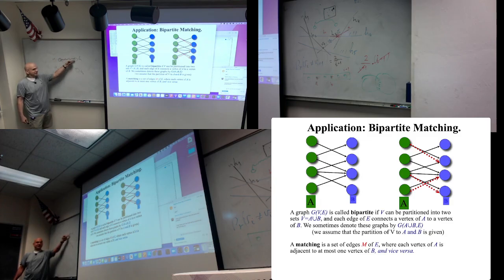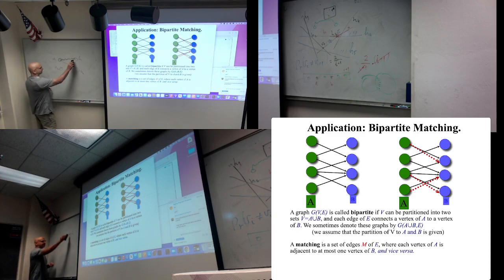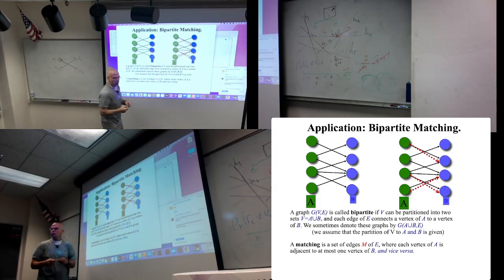Starting from this edge was a bad choice for the first edge. If instead of starting from A1, B1, I would start from the edge A1, B2, and then notice that A2, B1 is still free, now I have a matching of size 2. Two edges in my matching.